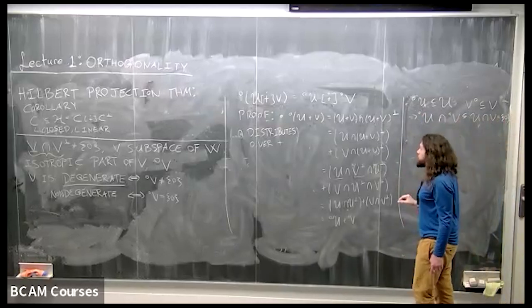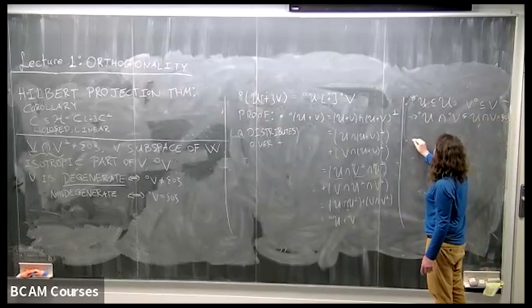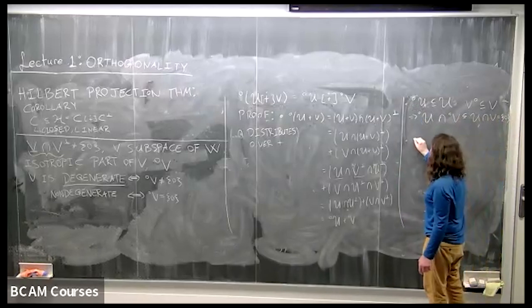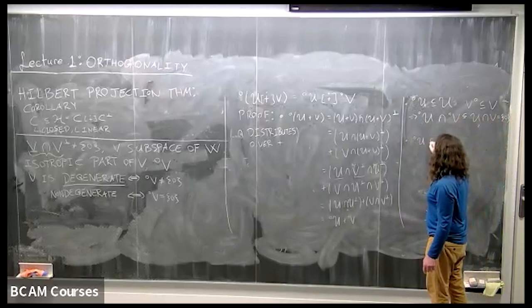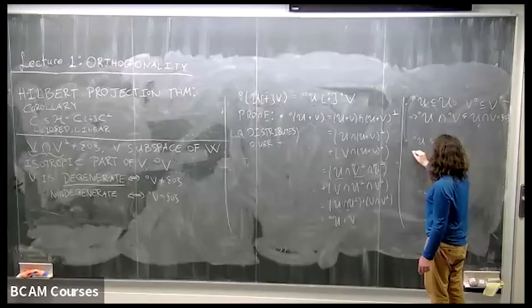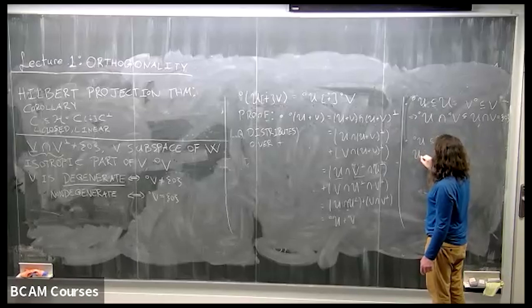And then the last part is we can use one of the other fun facts that I conveniently erased, which is, so we know that this is true. Therefore, we have, let me do it like this.